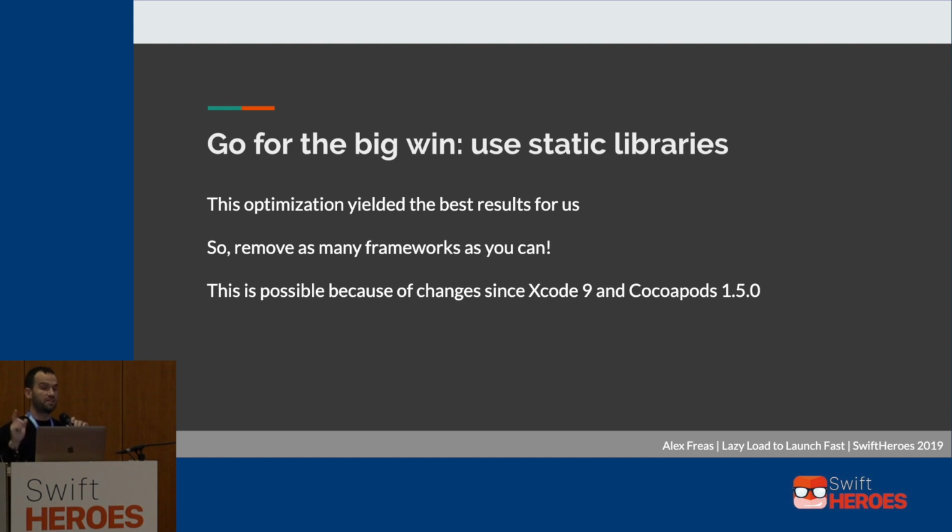And also remember that this is possible because of changes that were made to Xcode 9 and CocoaPods 1.5.0. Even though it seems a little bit regressive to use static libraries, Swift static libraries were not supported until Xcode 9.